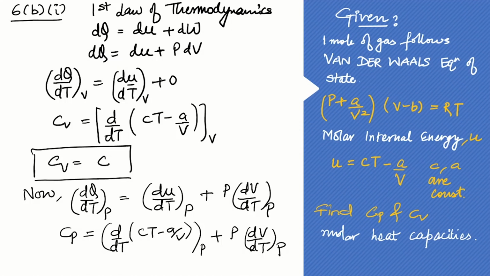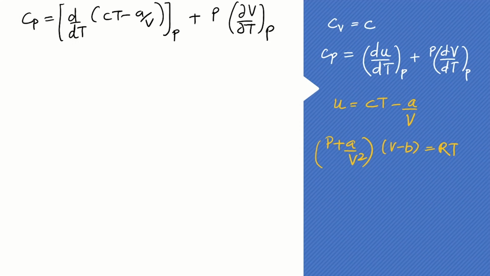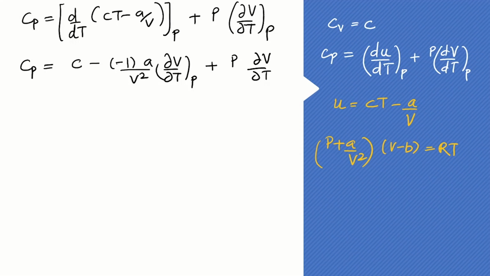So let's move to the next page. So this is the expression we got till here. So let's do the differentiation with respect to temperature. So we will get C here, and this will get minus 1 A over V square del V by del T at constant pressure, and this is the second term.